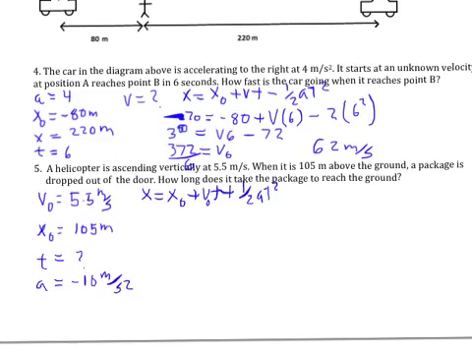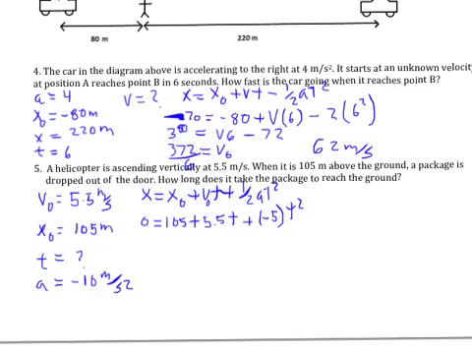Okay, so let's substitute in. The final position is going to be 0, the ground. The initial position is 105 meters, plus the velocity we started off with, 5.5 times t, plus half of a is going to be -5 times t squared. And we want to know what t is. Oh boy, this looks like a quadratic equation.